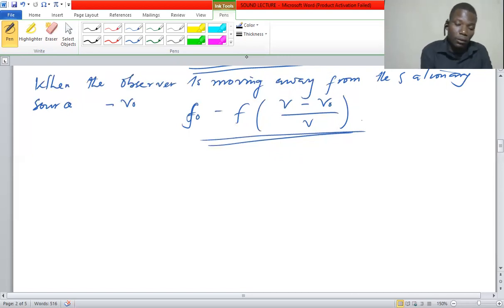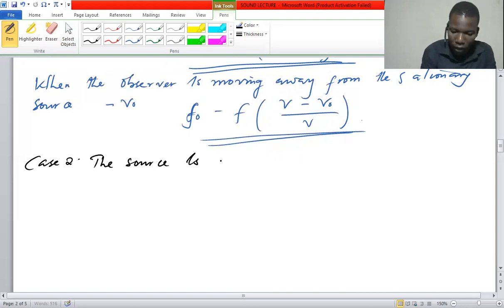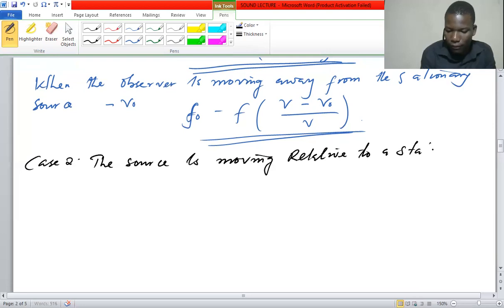So case 2 is when the source is moving relative to a stationary observer.